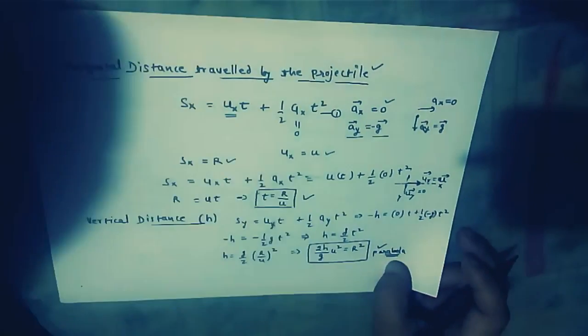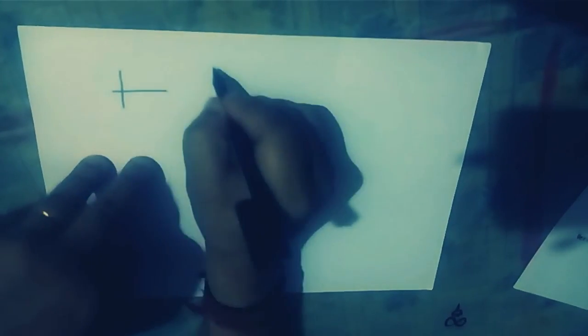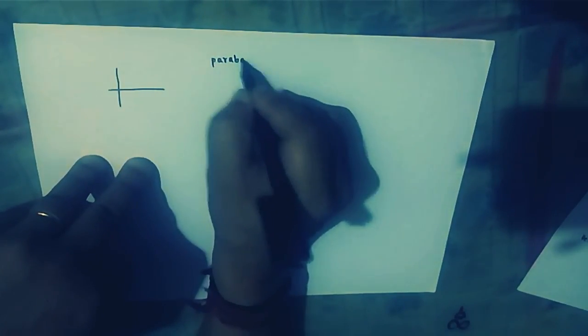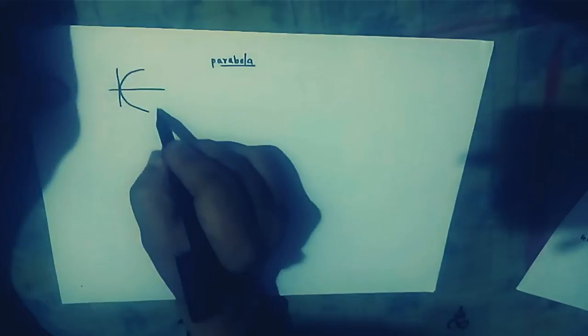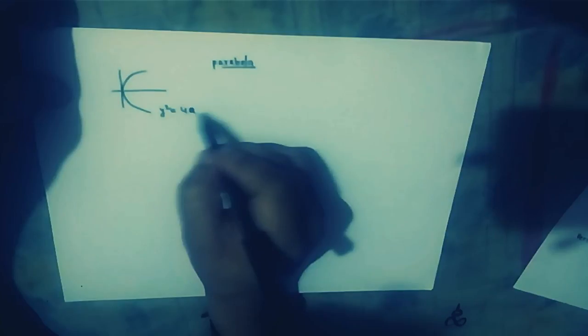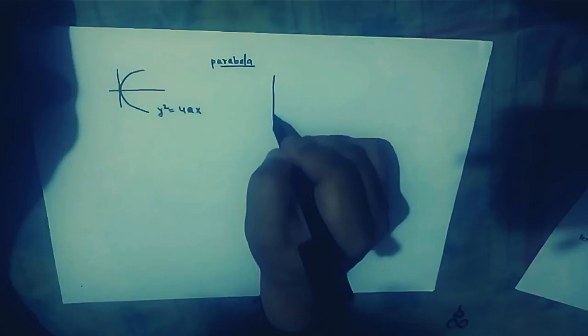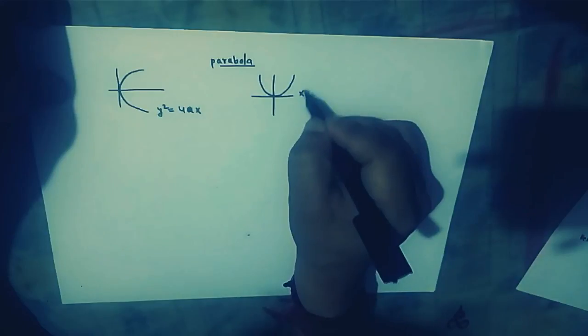How can you say that this is the equation of a parabola? Because we know what a parabola is. A parabola is of this shape, where this can be written as y square is equal to 4x, suppose. Or if it is in this direction, in that case that would be x square is equal to 4ay.